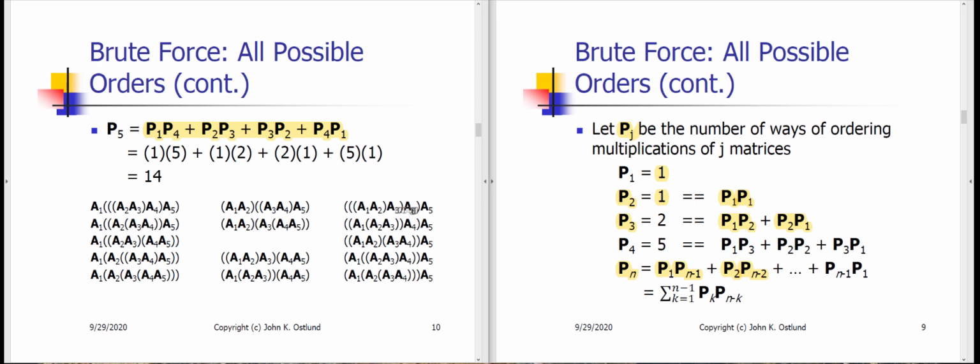Or we have all the possible ways of multiplying 4 matrices times A5. Or we have the ways of multiplying 2 matrices, there is only one way of multiplying 2 matrices, obviously, times the different ways of multiplying 3. And then, of course, we have the mirror image of that, the number of ways of multiplying 3 times the number of ways of multiplying 2. So we just compute that value and we get 14.